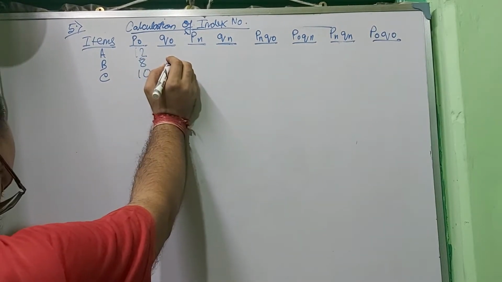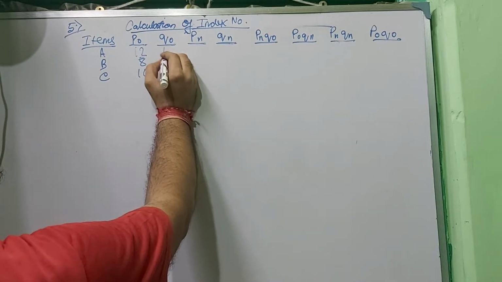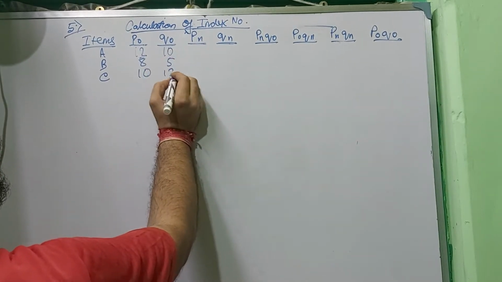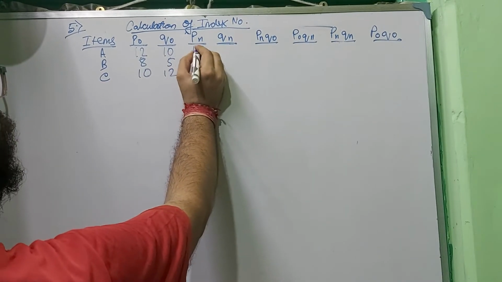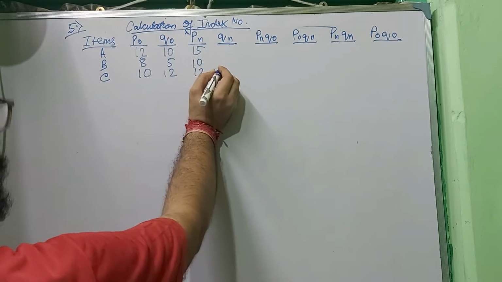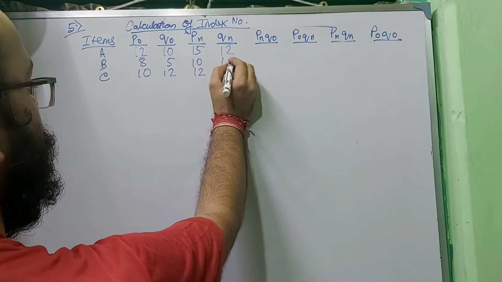And base year quantity has been given 10, 5, 12. Current year price has been given 15, 10, 12, and current year quantity has been given 12, 10, 16.